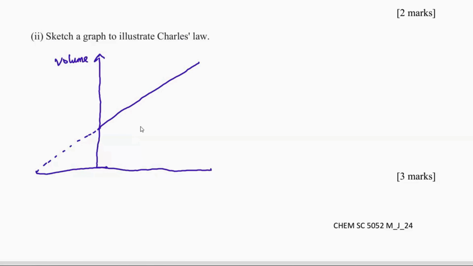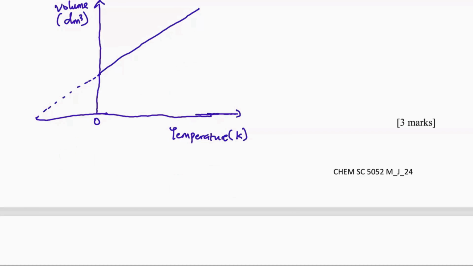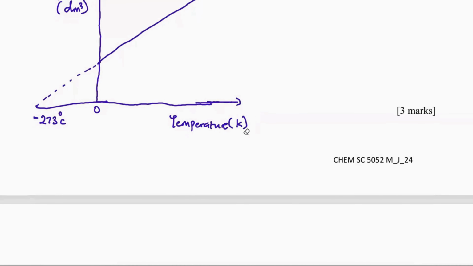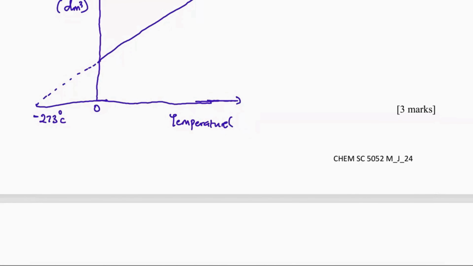Volume could be in decimeters cube or in liters or even in centimeters cube. Then we have our temperature in Kelvin. Since our diagram extends to the negative side, this would be minus 273 degrees Celsius. And for this diagram, our temperature would be in degrees Celsius.